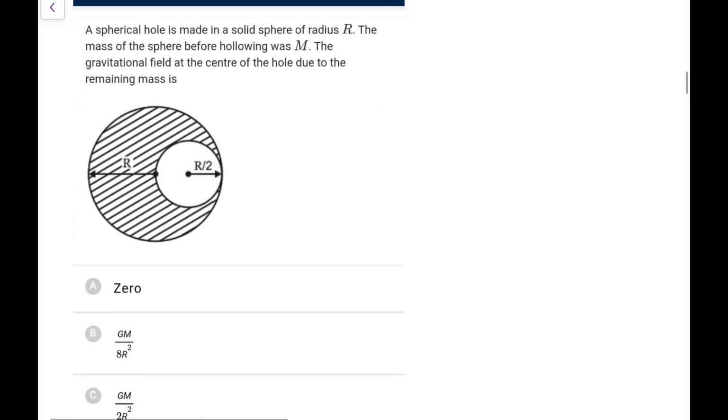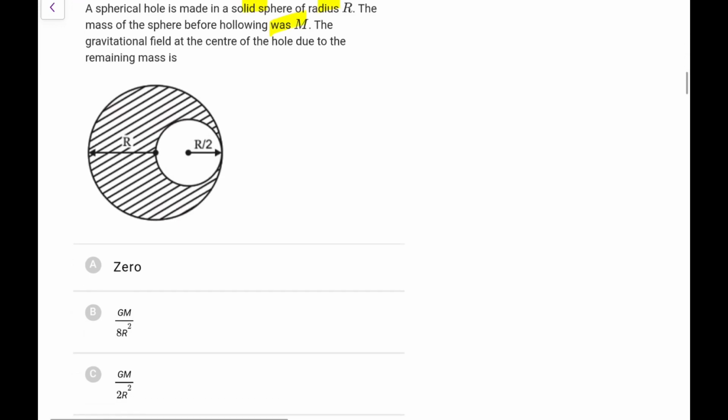Next, a spherical hole is made in a solid sphere of radius r. The mass of the sphere before hollowing was m. The gravitational field at the center of the hole due to the remaining mass. So first of all, check due to the complete sphere. The gravitational field you can directly write would be equal to minus GM r by 2 vectorially. I am just skipping this minus sign, r by 2 upon r cube, and this would be E due to complete.